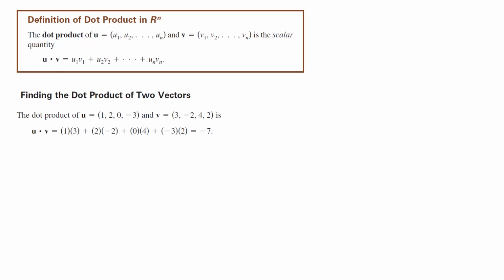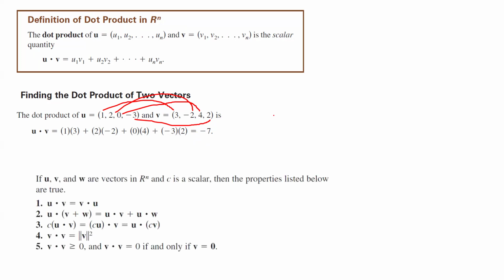This gives you the dot product between two vectors. Suppose I give you two vectors, u and v. The dot product is 1 times 3 plus 2 times -2 plus 0 times 4 plus -3 times 2, which is -7. That is the dot product between two vectors.